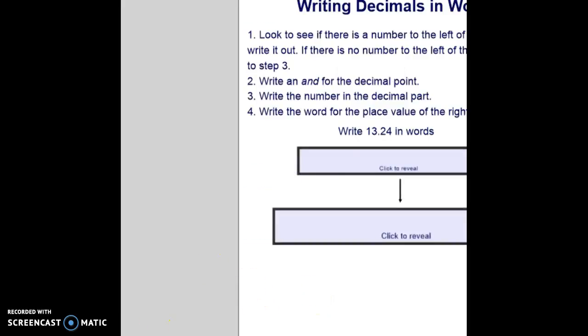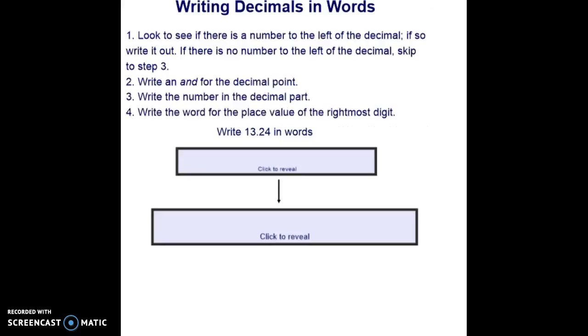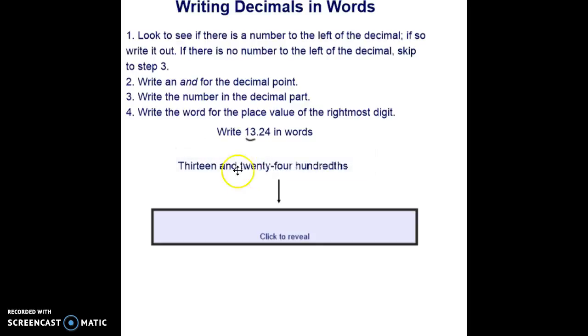So let's take another look at writing decimals in words. First, you look to see if there is a number to the left of the decimal. If so, you write it out. For this one, we have a number to the left. That is 13. So we are going to write out 13 and 24 hundredths.